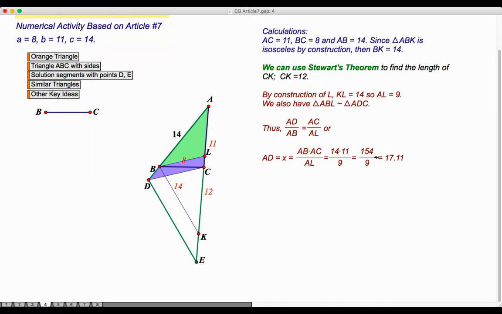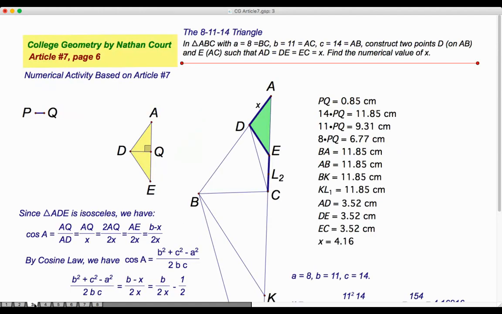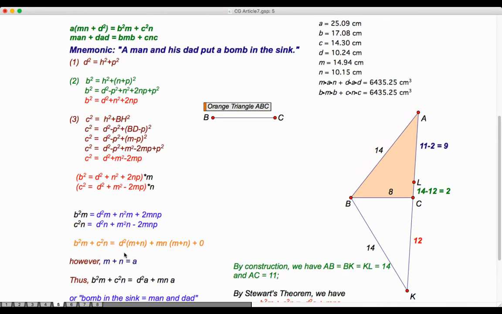Simple algebra will lead us to AD is equal to 154 over 9, or 17.11. So this is the case where points D and E are outside the triangle. In the previous problem, points D and E are inside the triangle. Well, let's solve another one.